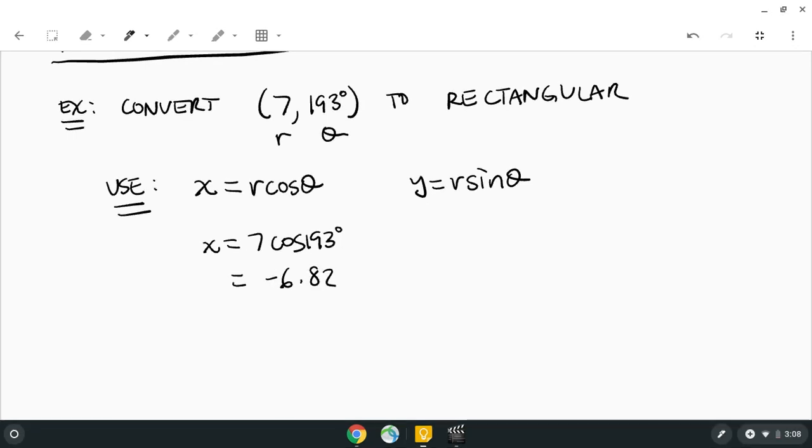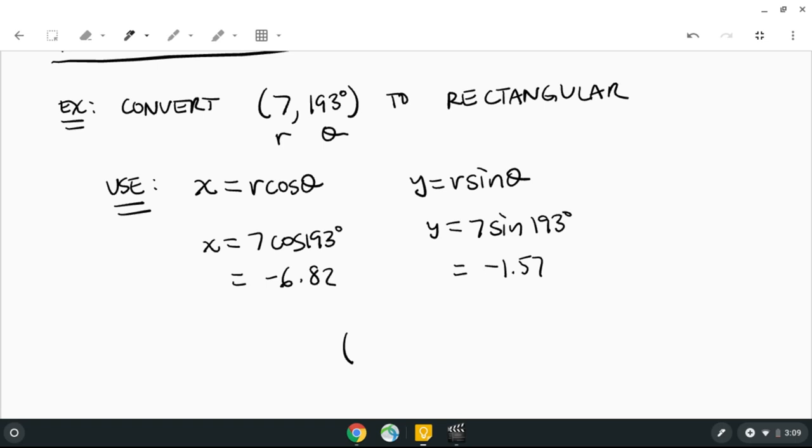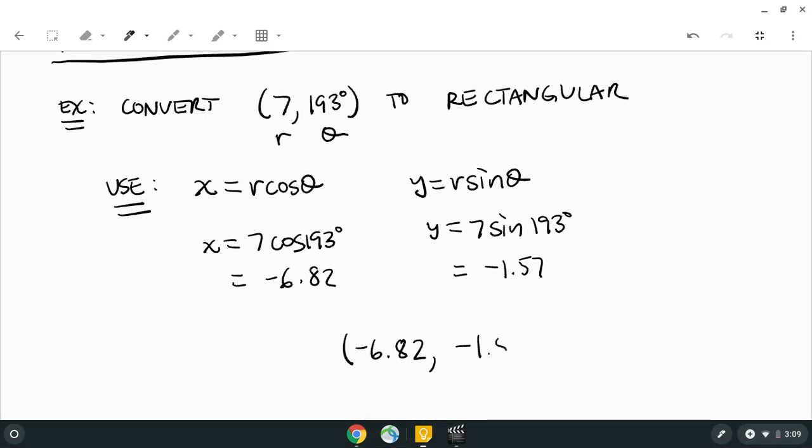And then over here, y is equal to r sine theta, so 7 times sine 193 degrees. When you punch that in, you should get negative 1.57. So my final answer, my rectangular point, is negative 6.82 and negative 1.57.